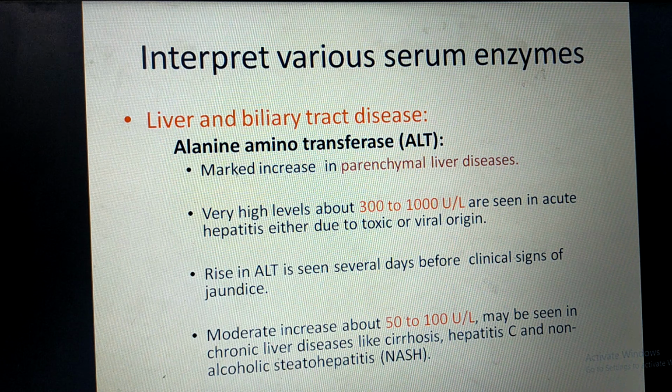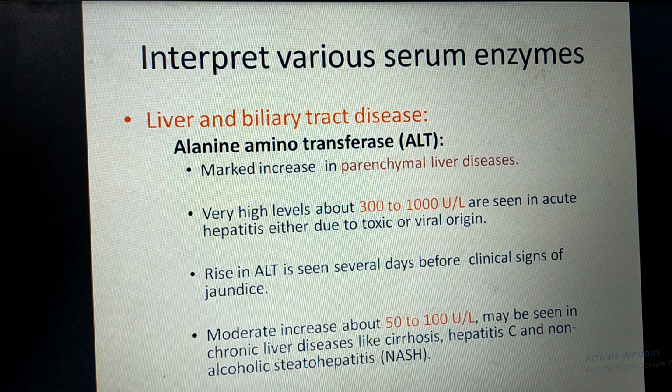Therefore, the level of bilirubin in the blood increases, which leads to jaundice. But the ALT level rises much before the appearance of jaundice. That means it helps in the early diagnosis of parenchymal liver disease.